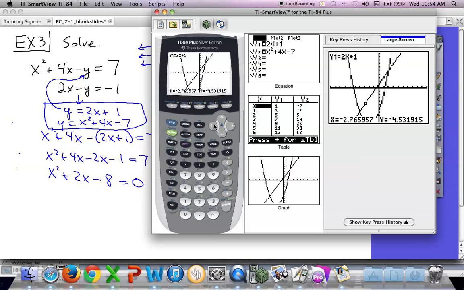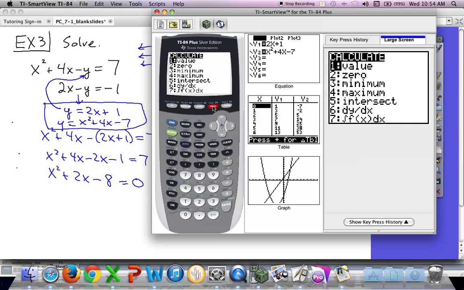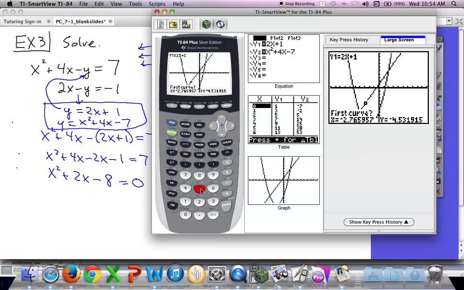Like that. If it's closer down there, now when you go second, trace, 5, first curve, second curve, guess, it should jump to the other solution. Okay? So it's something you may not realize when you start it. Now you know.